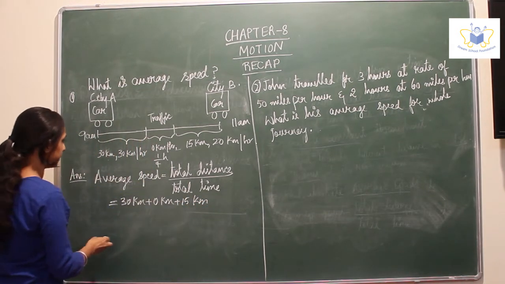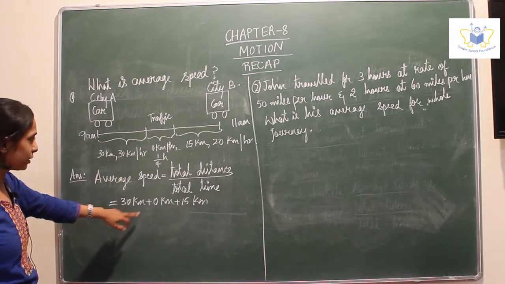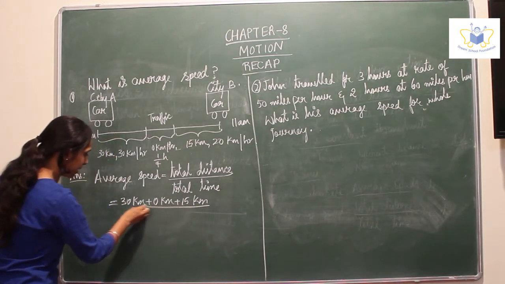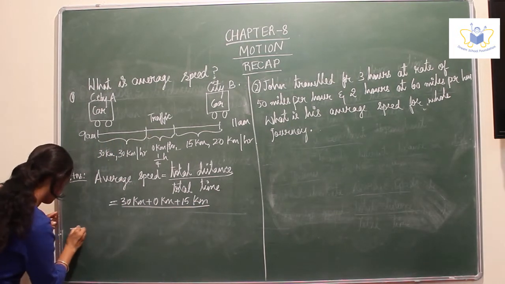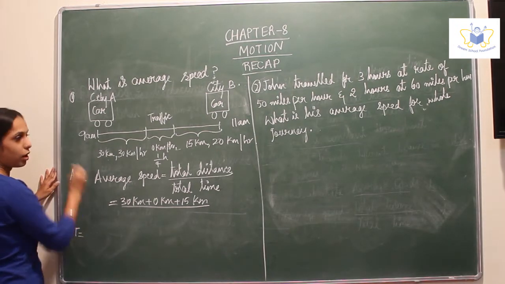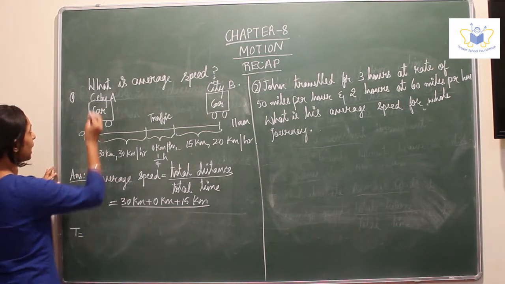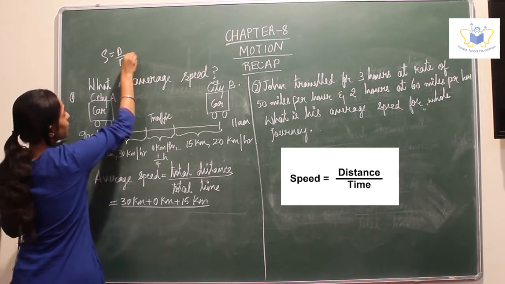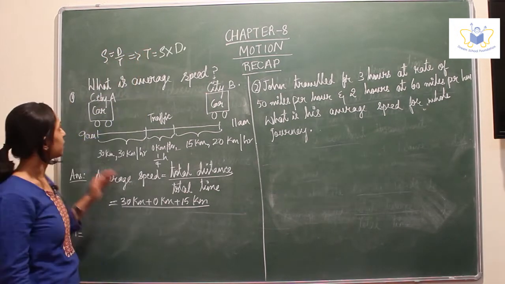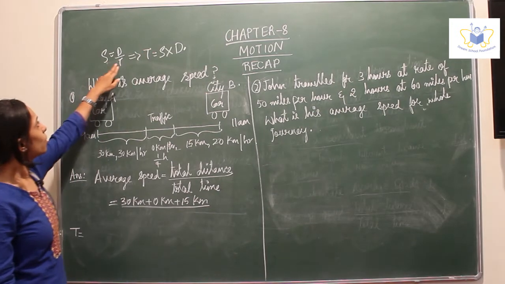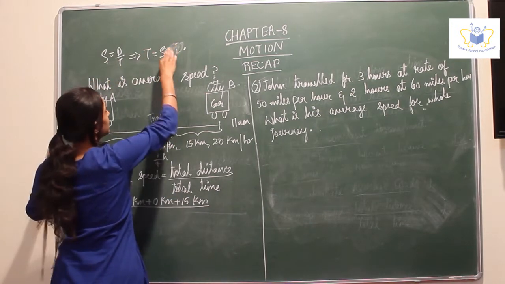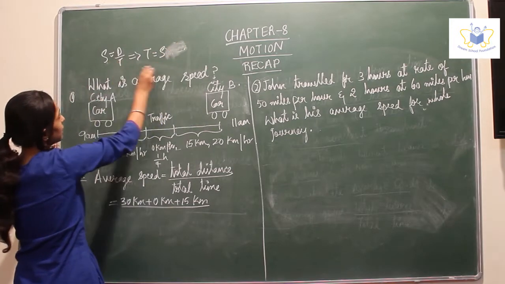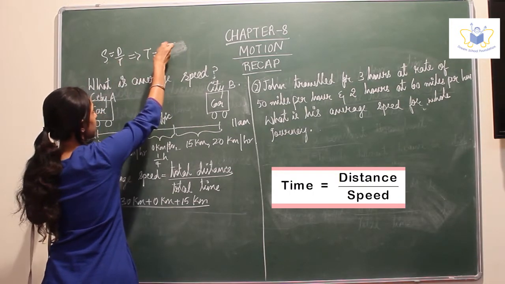Now total time. Before finding total time, how would you find time? We all know that speed is equal to distance by time. So how would you write time here? Time becomes distance by speed, correct?